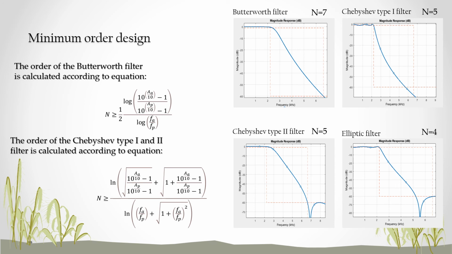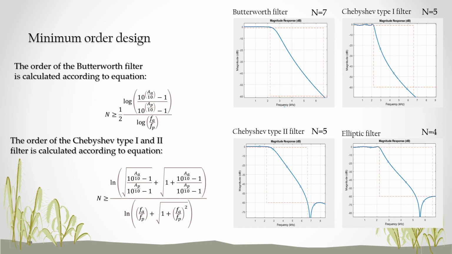You can see two equations that help us calculate the minimum orders of two different types of filters. They're simple fractions that have some logarithmic functions. So the conclusion was that a 7th order filter is necessary to meet the specifications with the Butterworth design.